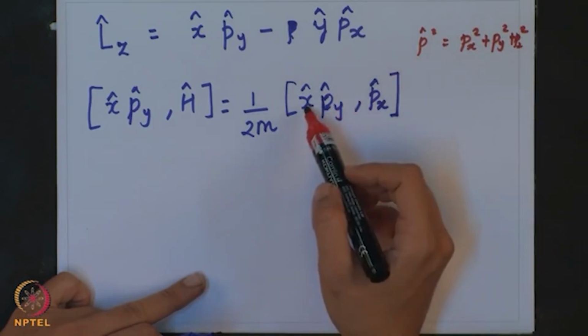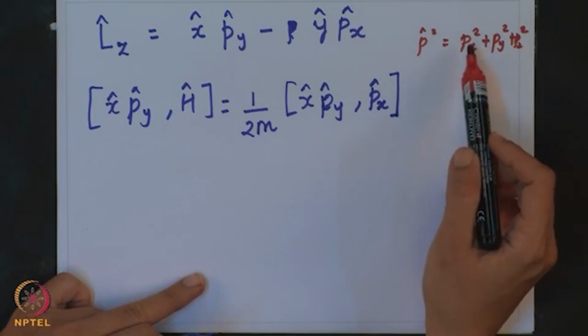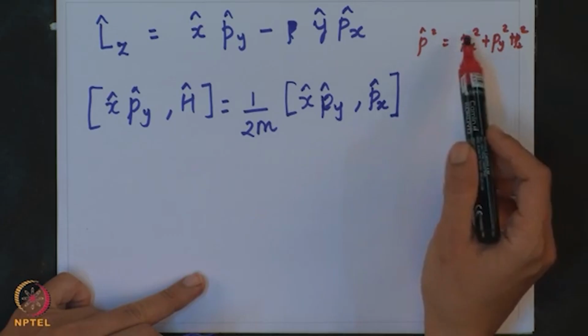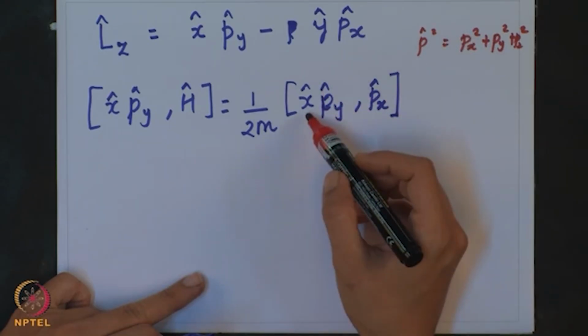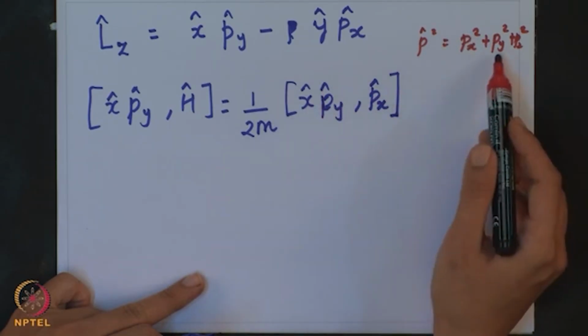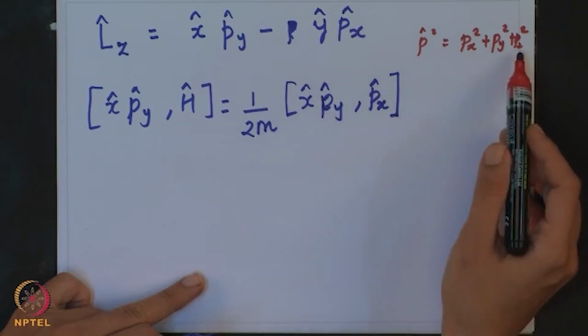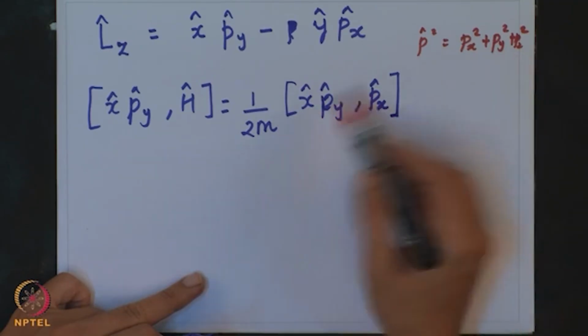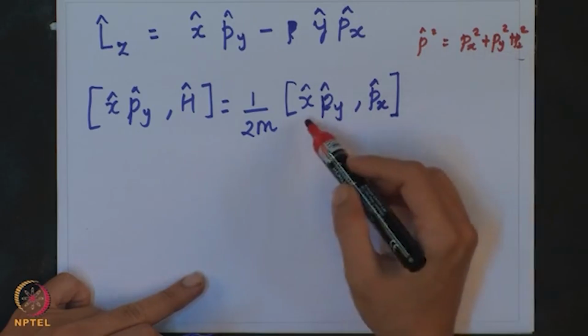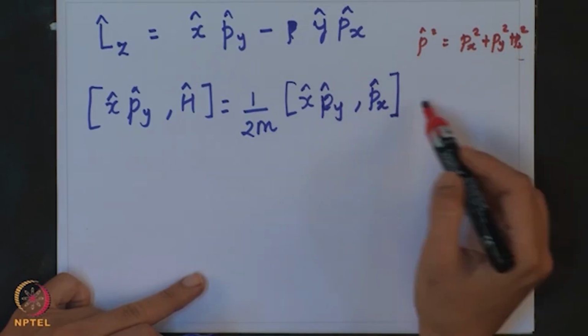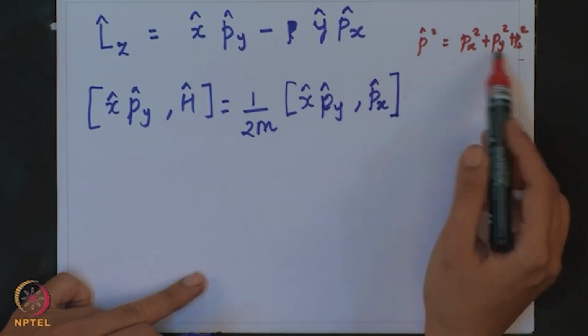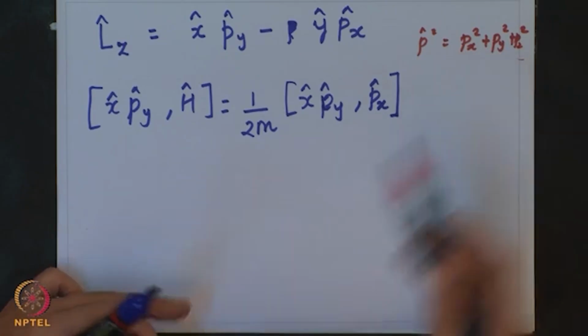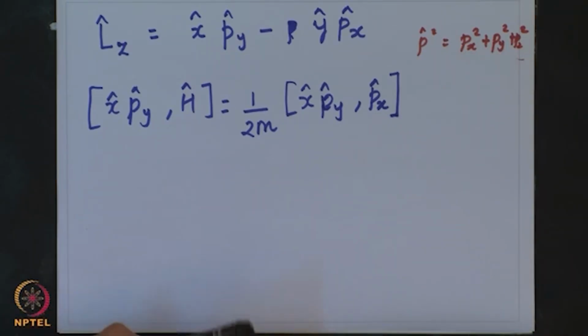We know that x will not commute with p_x, you will get a non-zero term, and x with p_y and x with p_z will give me 0 terms. So, these terms would not contribute, they will lead to 0. So, I can drop these two terms at this stage for the kinetic part.